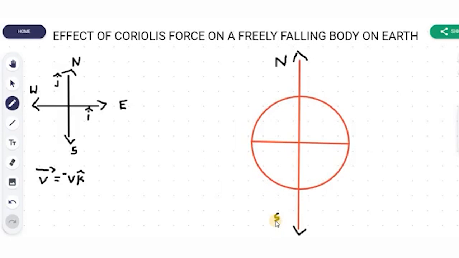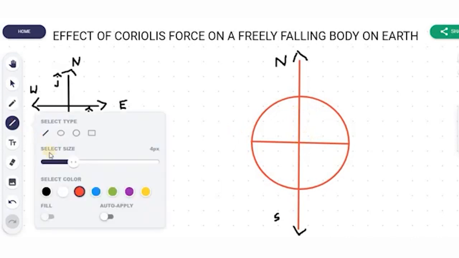And what happens here? This is our earth, and it is rotating on its own axis, and at any particular point it will have an angular velocity. I've marked my north-south direction, and now I'm going to mark my vertical direction.